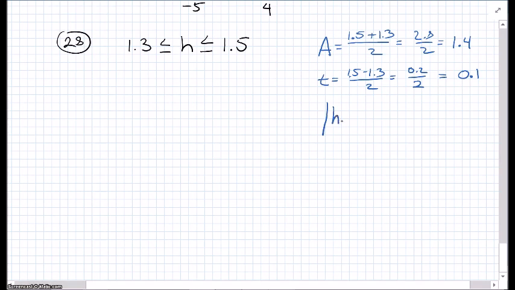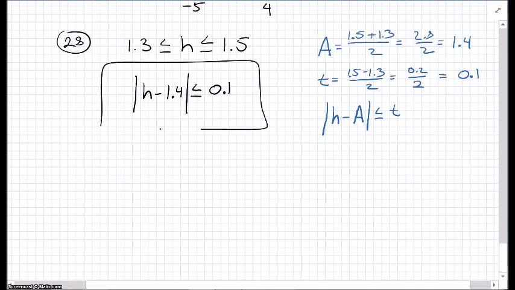Whatever we're looking for, which is our h, minus the average, is less than or equal to the tolerance. So to write this one, it's pretty simple. Absolute value of h minus, our average was 1.4, close it, less than or equal to our tolerance, 0.1. So there's your absolute value inequality for number 28.